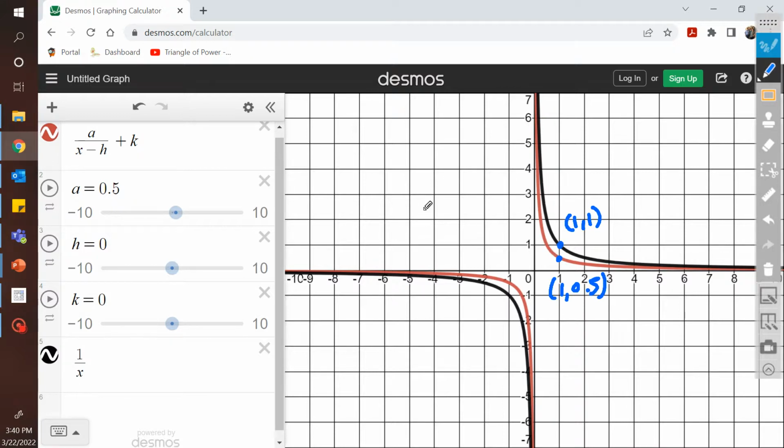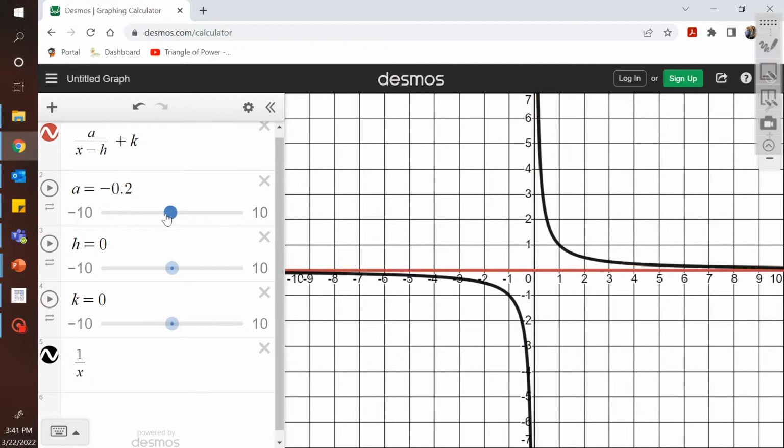So even though the graph has not been shifted at all, the points have changed because they're being compressed towards the x-axis. They're being compressed vertically downwards. So this is referred to as a vertical compression because this value is less than 1, so it's compressing it towards the x-axis.